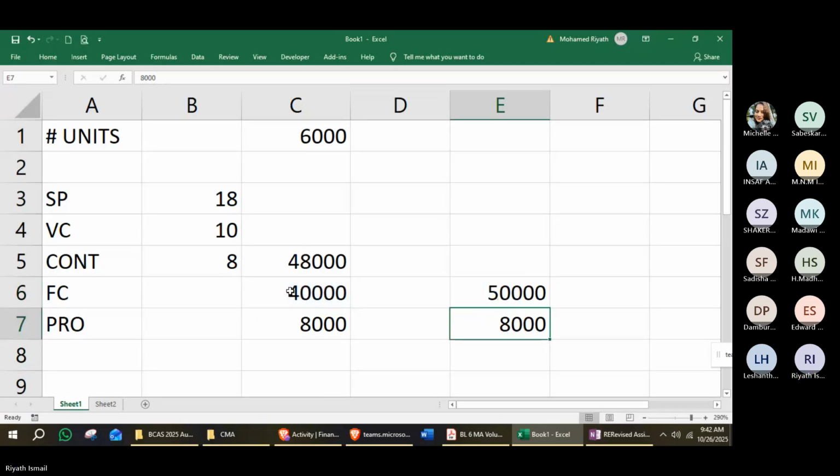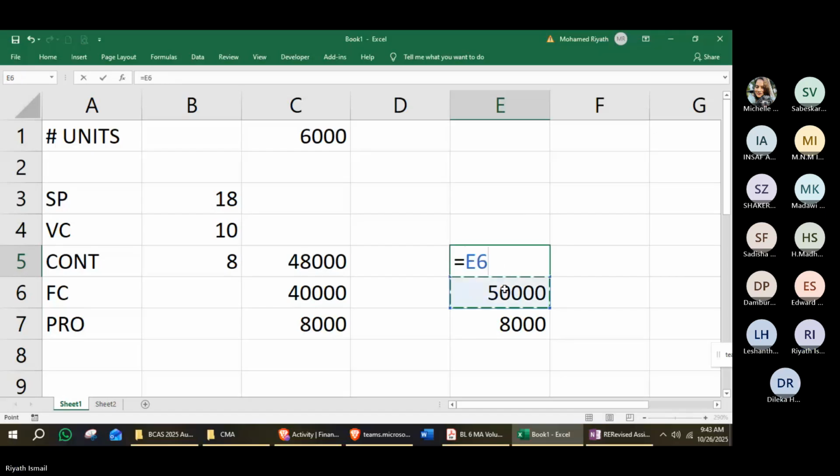So therefore, fixed cost will be 50 million, right? Then how much do they have to earn? Contribution could be 58. They have to make 58,000 contribution.